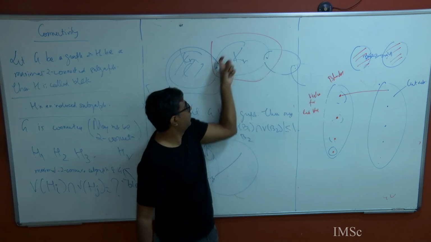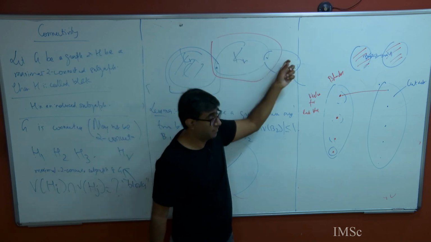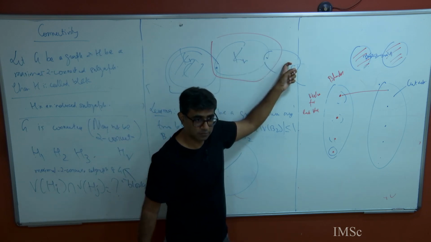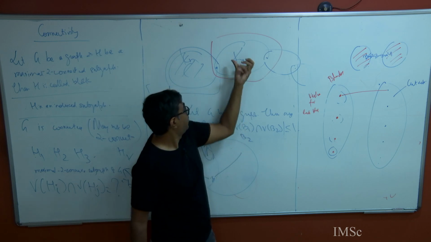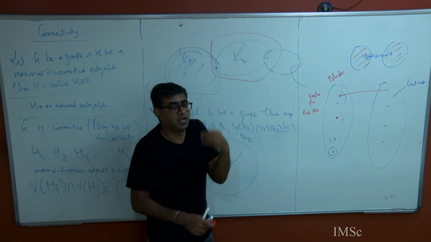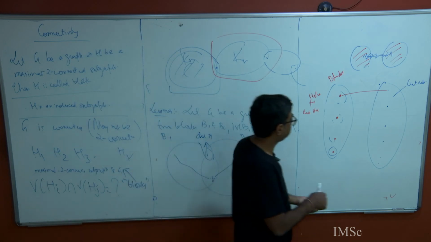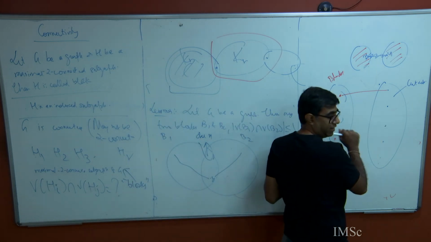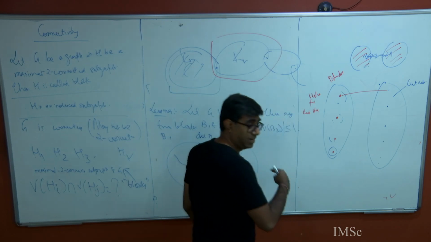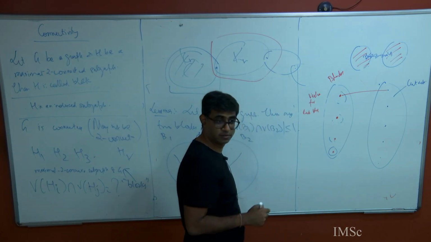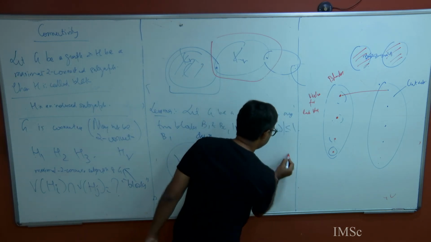By deleting this, you cannot disconnect this piece, but you can definitely disconnect the whole graph. So these blocks could contain cut vertices of the graph. I give an edge, and a block can contain several cut vertices. Do you see that? Here's my click.